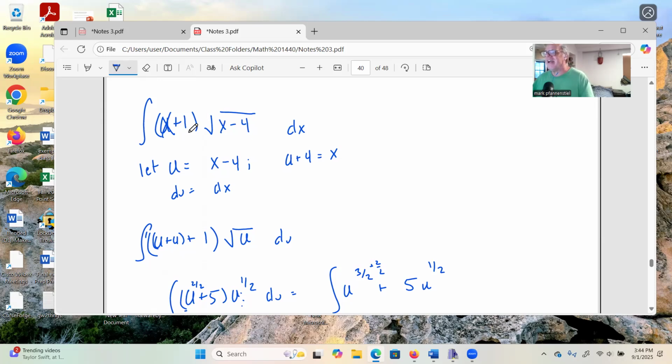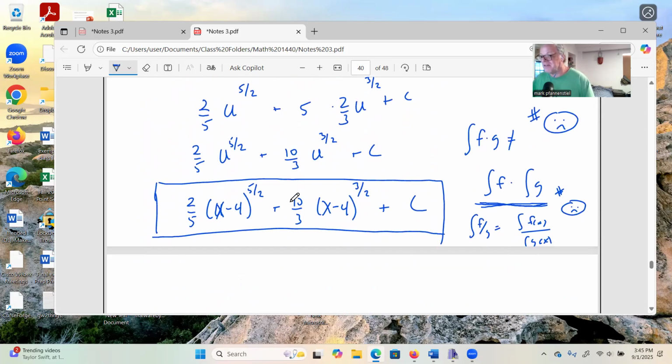Well, instead of trying to fit with the x's, change the x's into u's and deal with it that way. So that's when you know the puzzle pieces don't quite fit together. We have to do something a little bit different. We have to force the issue, but we have to make sure that everything has a u in it or everything has an x in it. And that's pretty much how we have to do these kinds of problems, right?